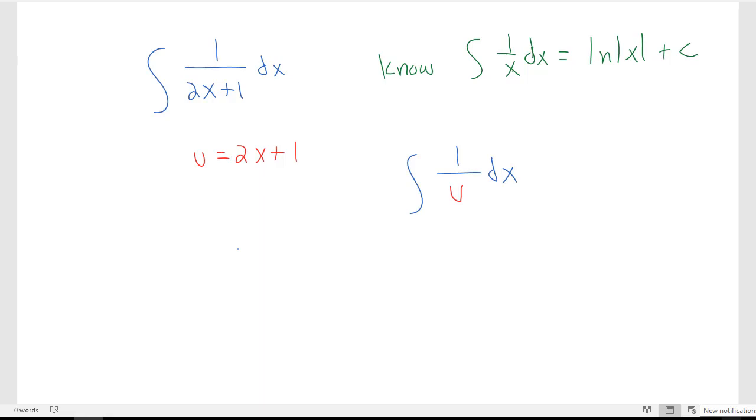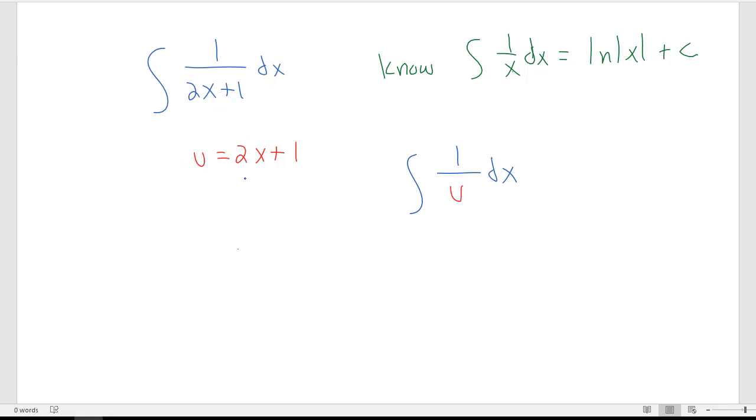However, there's one other piece that we need to connect to. When we come back to these indefinite integrals, remember that this dx term symbolizes that x is the independent variable. So my integrand is in terms of x, and my integration variable is x.